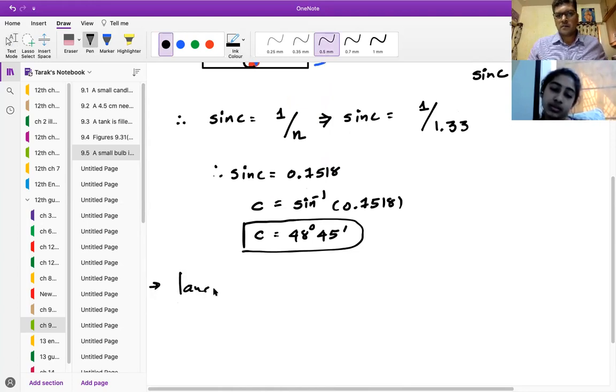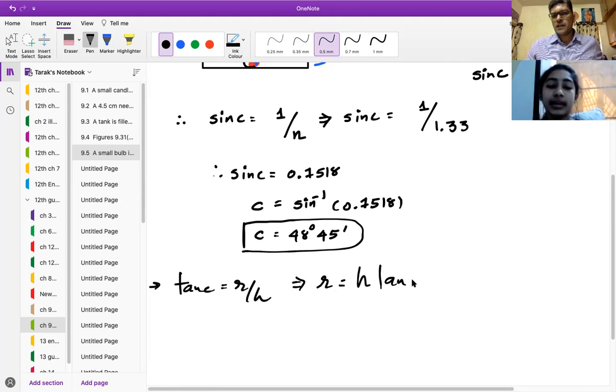But we are in need of r. So r equals h tan C.